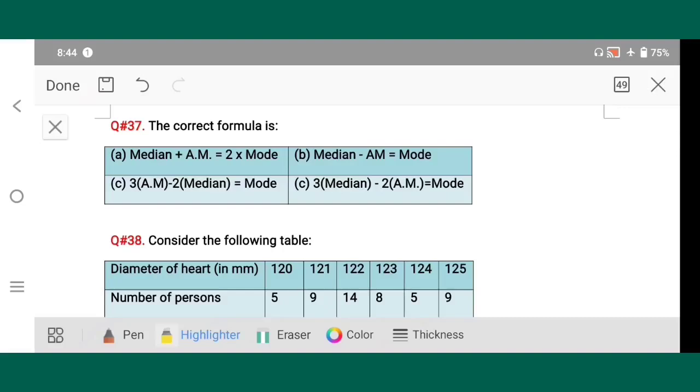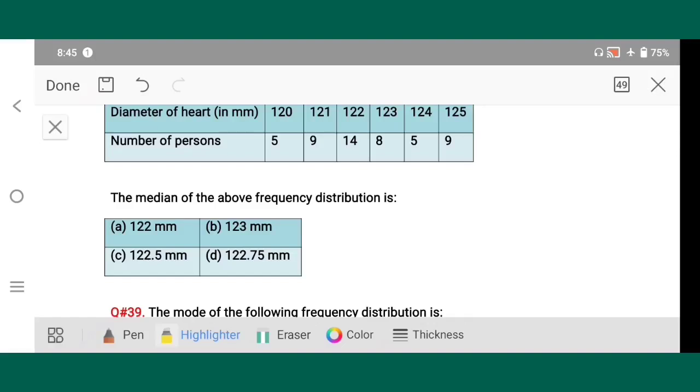Question number 37. The correct formula is, the options are A, B, C, and D. Our correct option is this one, that is D: 3 median minus 2 mean is equal to mode, or mode is equal to 3 median minus 2 mean. Question number 38.